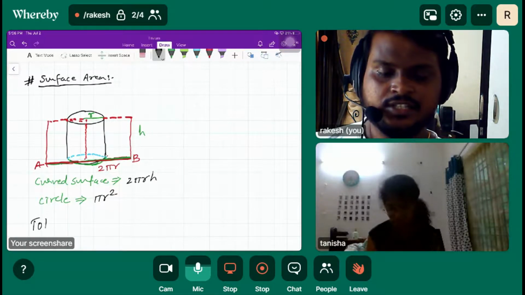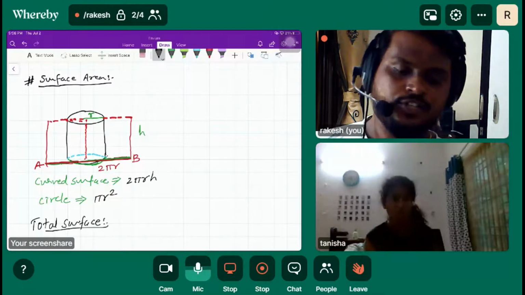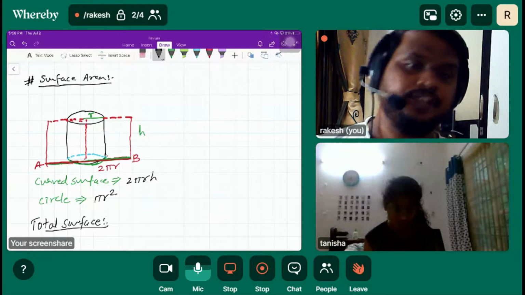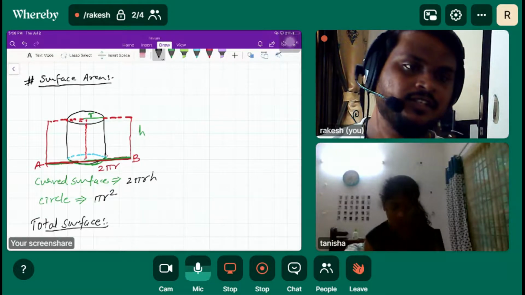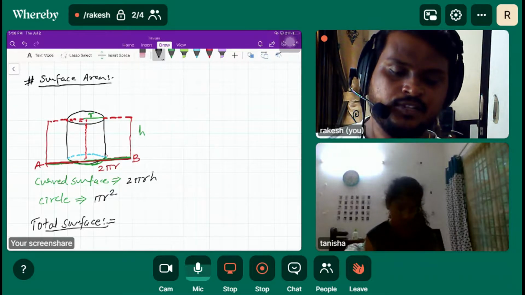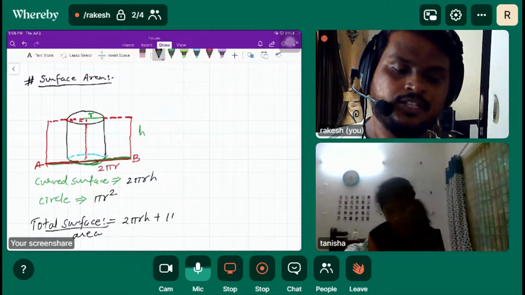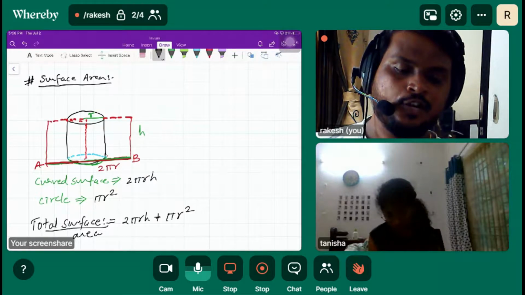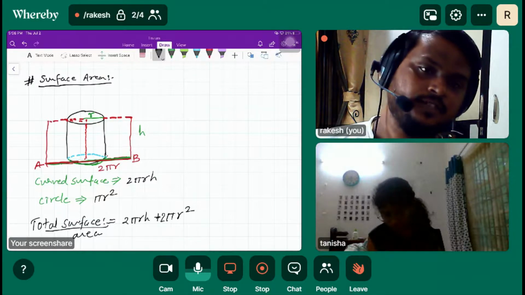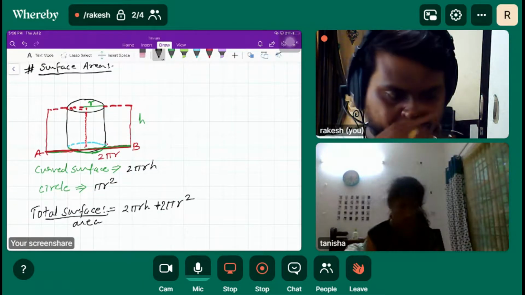Total surface is one of the terms while talking about the three-dimensional object, because they are different kinds of area. One is curved surface, the other is circle in this case. So total surface area is equal to 2 pi r h plus pi r square. But how many pi r square? 2 pi r square, because there are two circles, right?